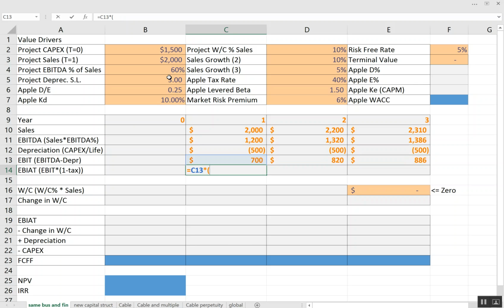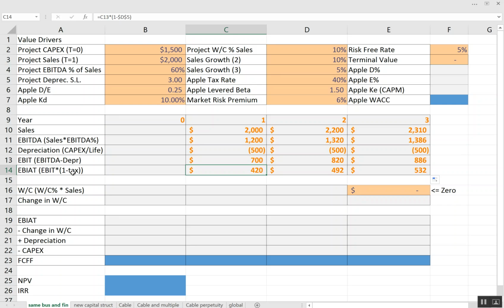I'll take that times 1 minus the tax rate, 40%. And now I have my earnings before interest but after tax, which also may be the net income. So here's a common problem with trying to do this analysis: I'm ignoring debt. So if you're ignoring debt, we call this earnings before interest but after taxes.